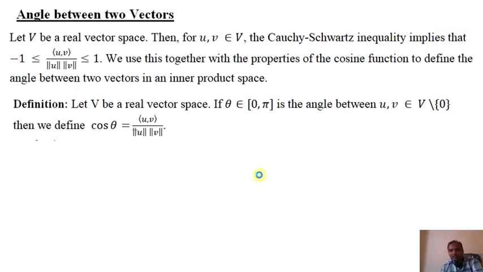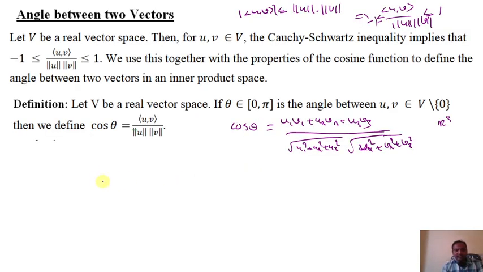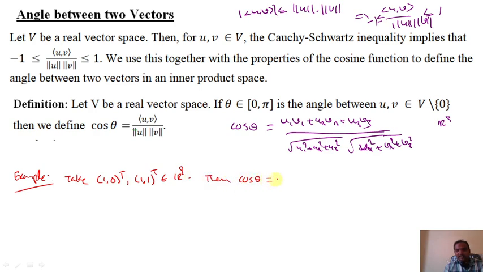Now we'll see some examples. Suppose we take (1, 0) transpose and (1, 1) transpose belonging to R2. Then what is cos theta? The inner product of (1, 0) and (1, 1).